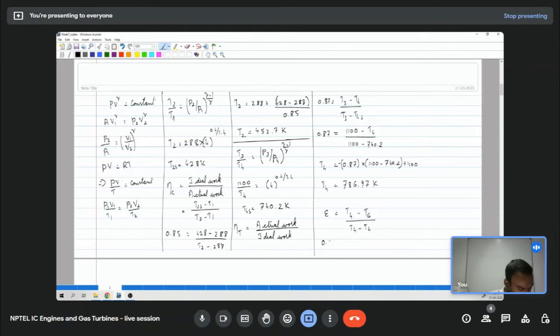So this 0.8 is equal to T4, which we have just calculated as 786.97, minus T6, which is unknown, and again in the denominator 786.97 minus T2. T2 we have calculated as 452.7.